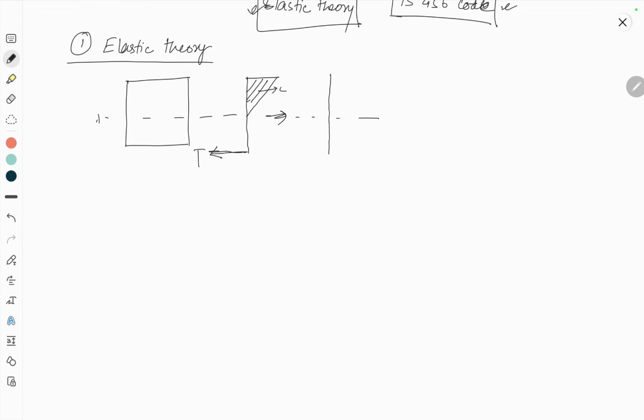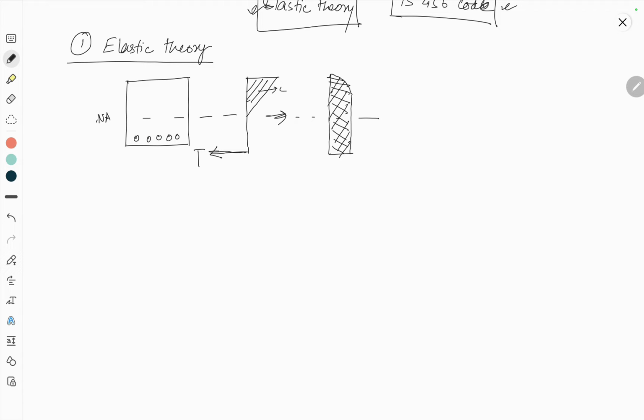If this is your neutral axis, first it is kind of parabolic, then it is straight rectangular. So this is the actual shear stress diagram in your RCC beam. This is kind of very complex for the design part.